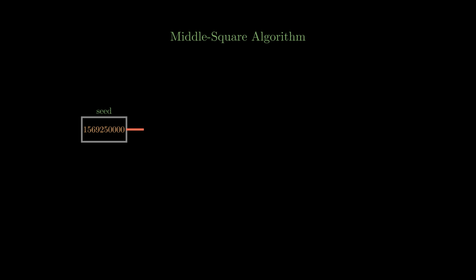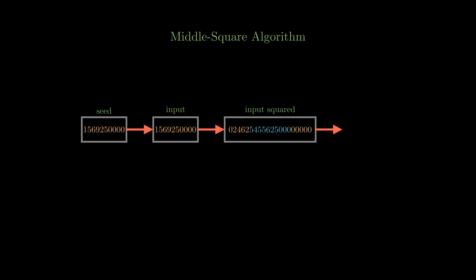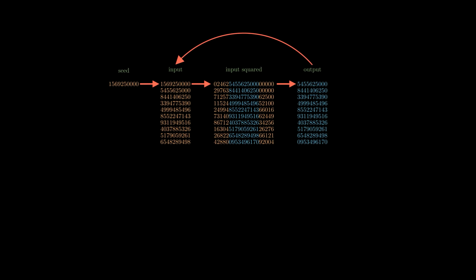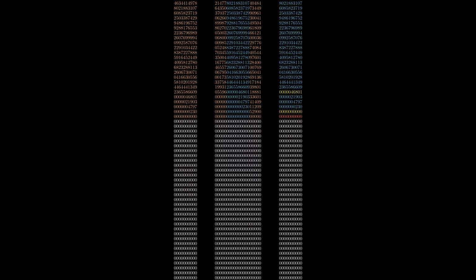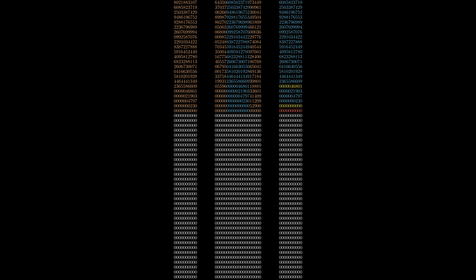It took in the seed value, set the input equal to the seed, squared the input, extracted the middle of the input squared as the output, and then repeated that process thousands of times. Until it broke down. And where exactly it broke down is not so clear. We could argue that it broke down the first time that it output a repeat value, which is the second time it output 0, the one in red.